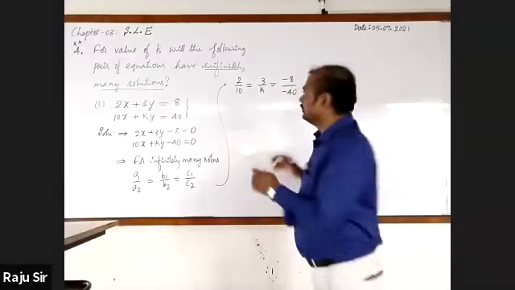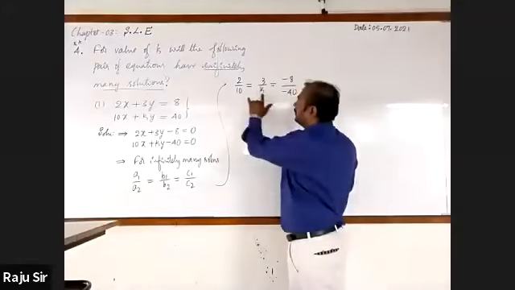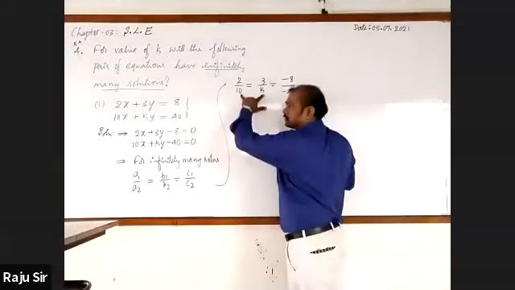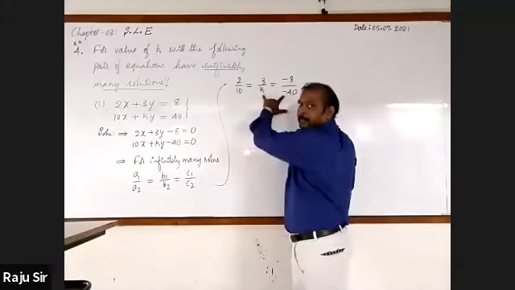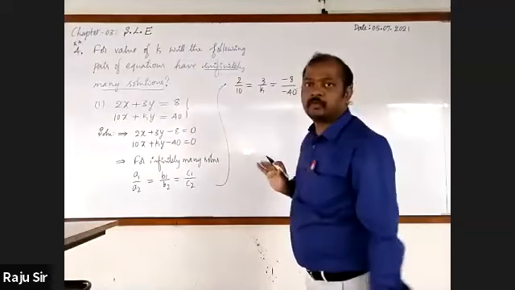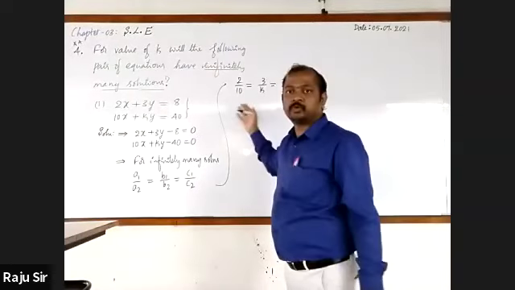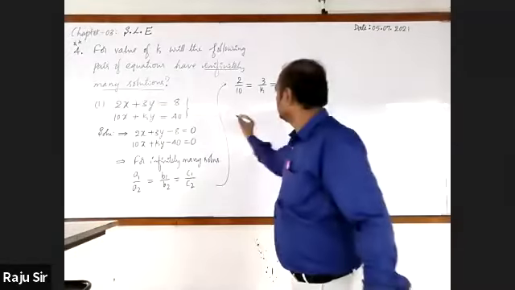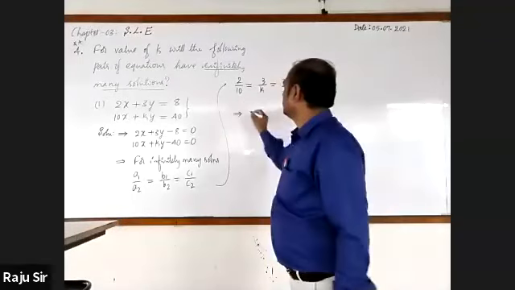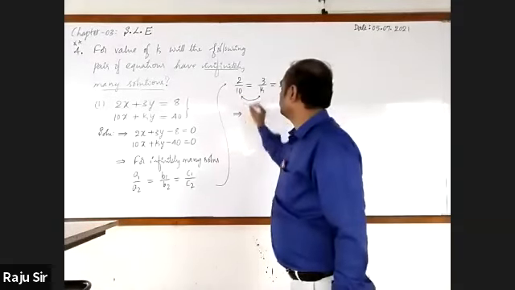As I said, to find the value of k, you may equate the first two or the last two ratios. Followed? Which two will be taken? First and second. Here I am writing these two to be taken.